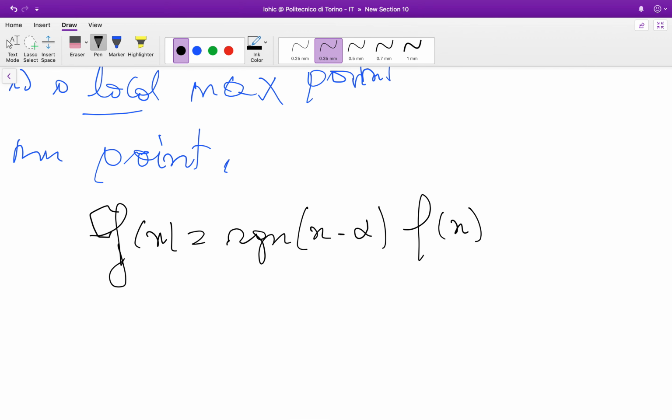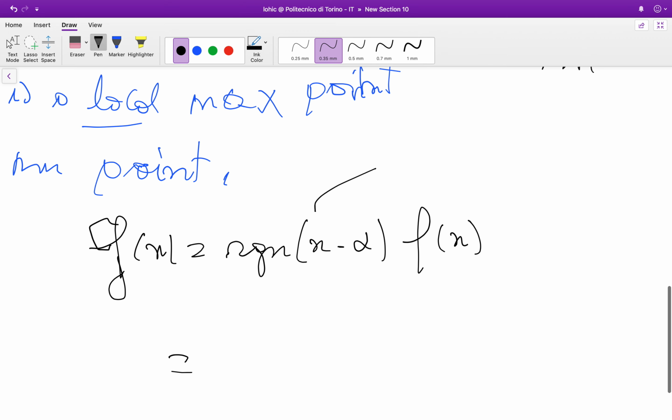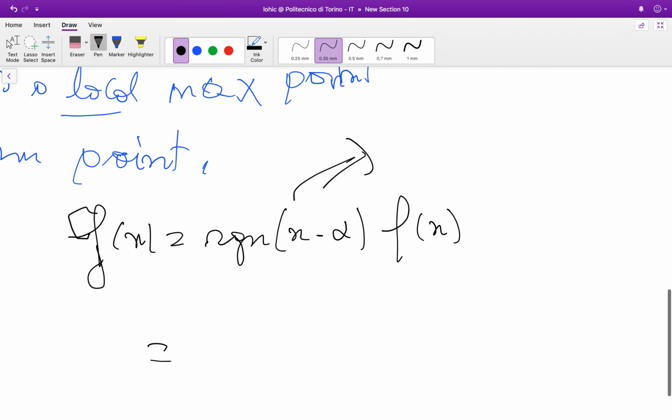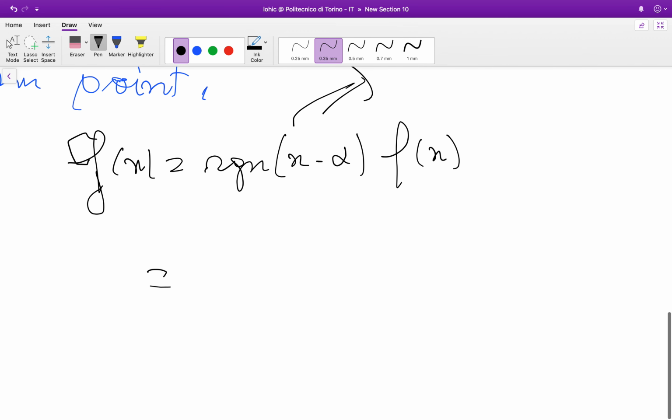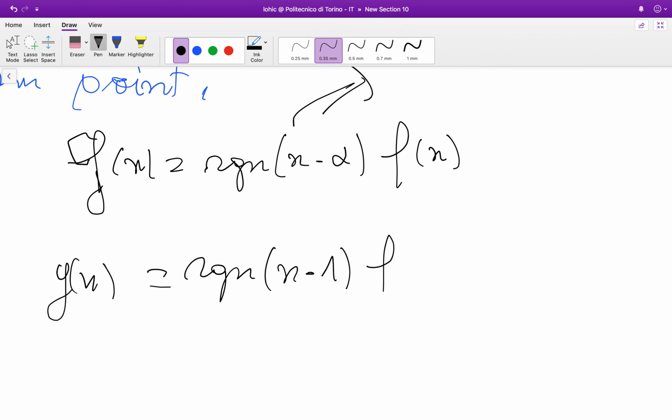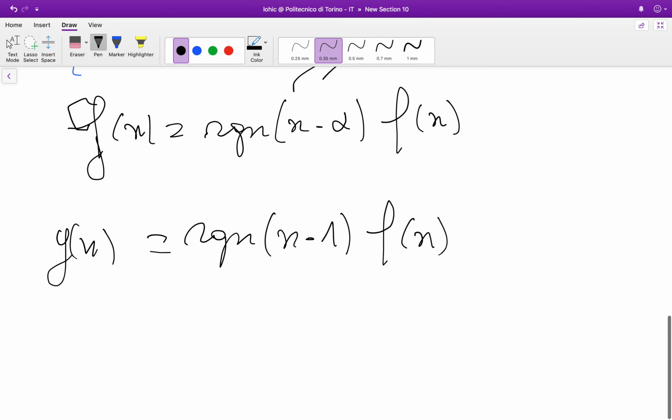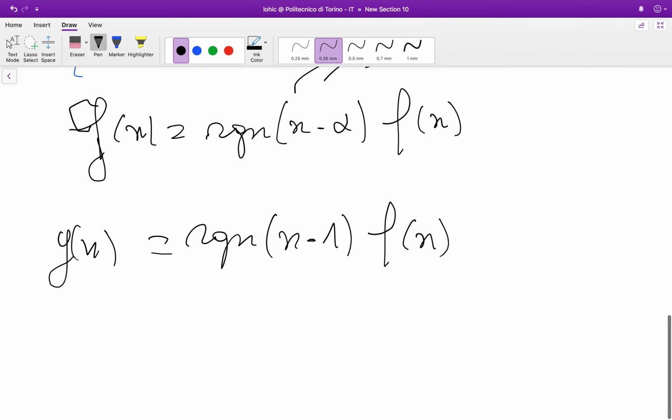What does it mean? First of all, they want us to do it with alpha equal 1. So we can say that g of x is just the sign of x minus 1 multiplied by f of x. But what is the sign of x minus 1?